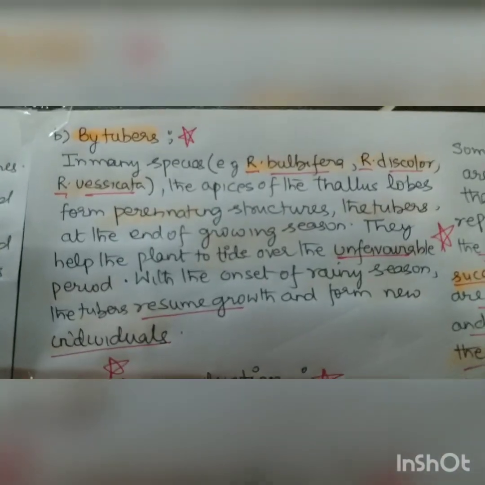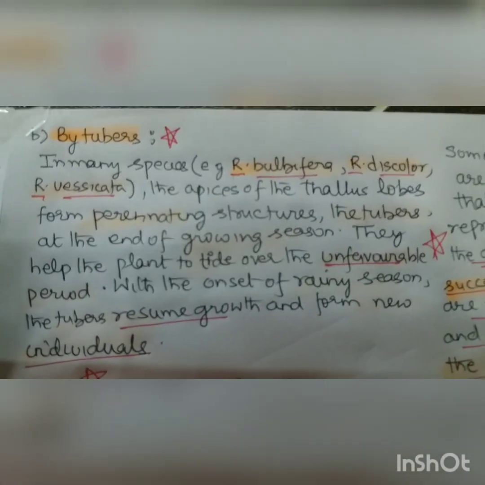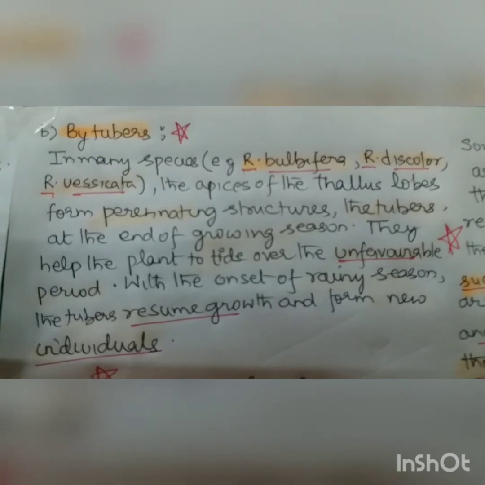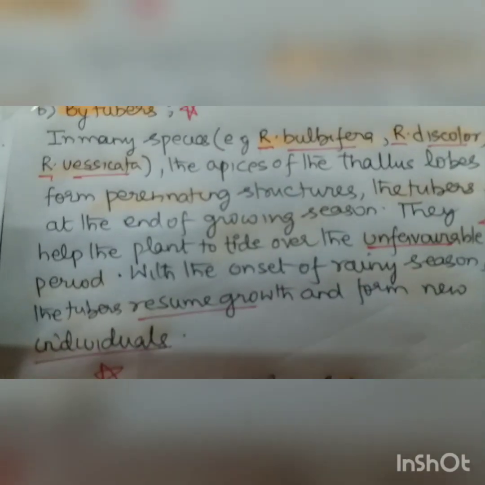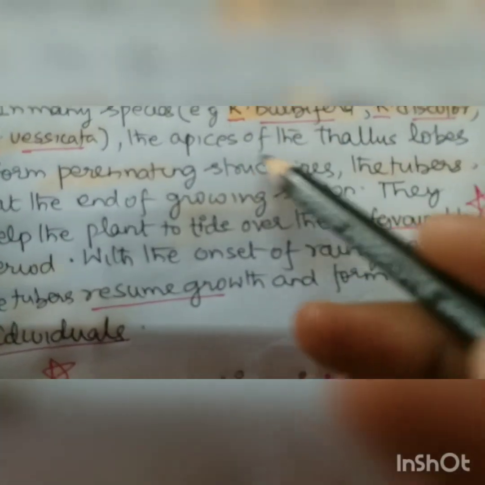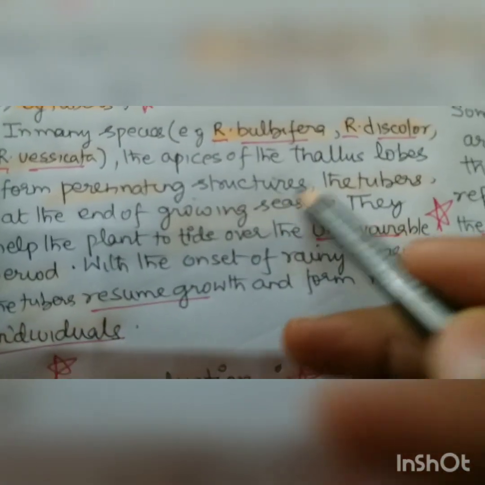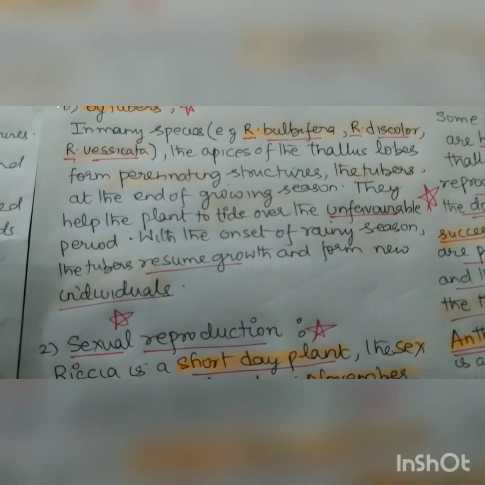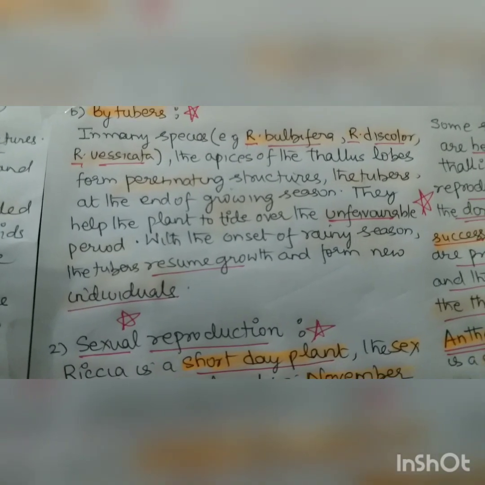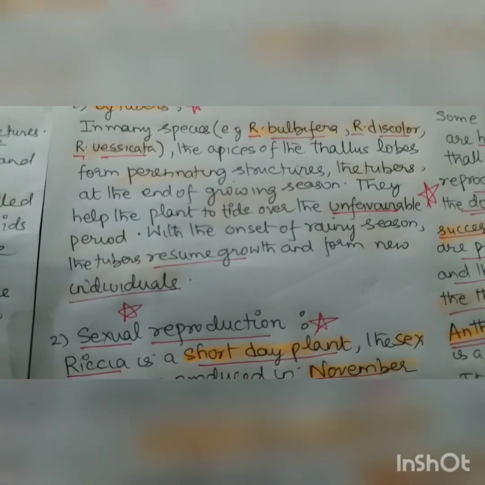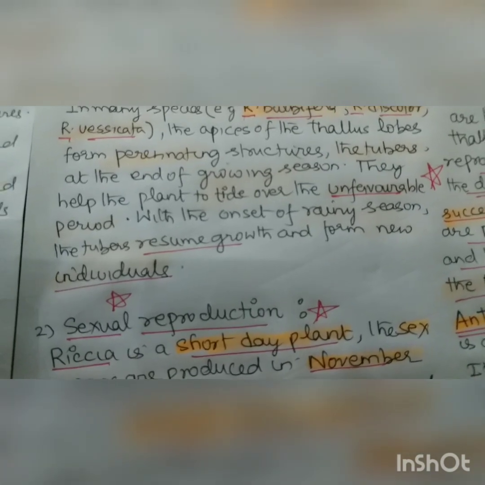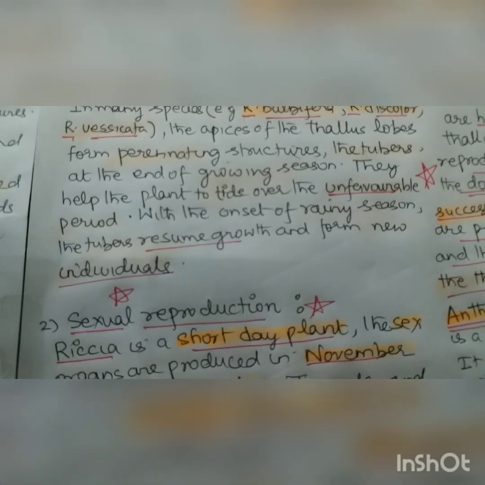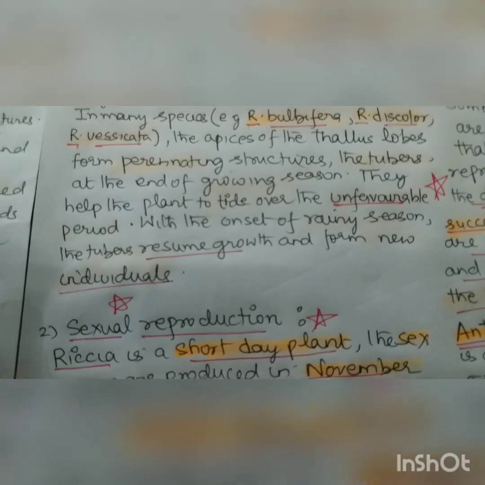So the second type is by means of tubers. In many species like Riccia bulbifera, Riccia discolor, and Riccia vesicata, the apices of thallus lobes form perennating structures called tubers at the end of the growing season, and they help the plant to tide over the unfavorable period. With the onset of the rainy season, the tubers resume growth and form a new individual, right?